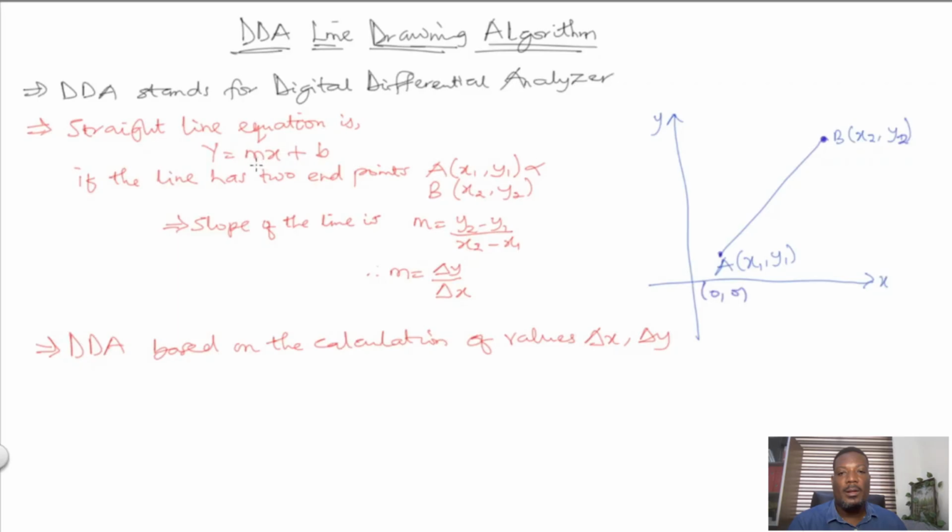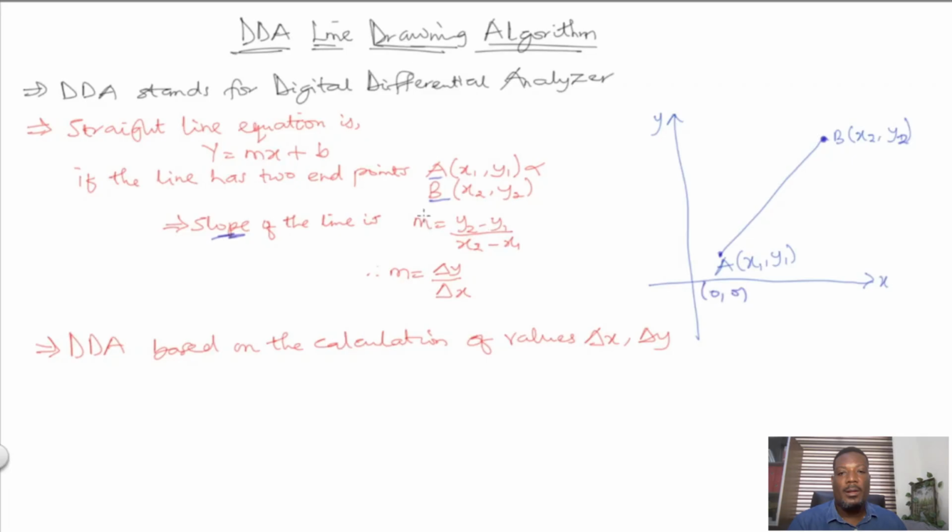If the line has two endpoints, A and B, with these coordinates, then the slope of the line is given by this formula: the difference in the y value divided by the difference in the x value. So y2 minus y1 over x2 minus x1 gives us what we call the slope, which is also termed the gradient.